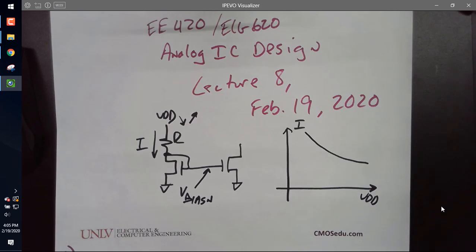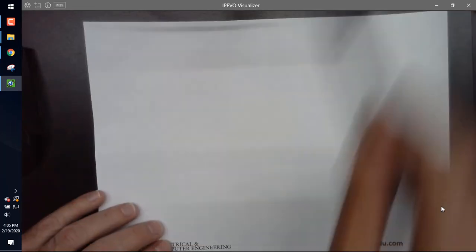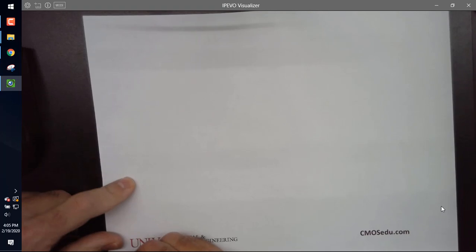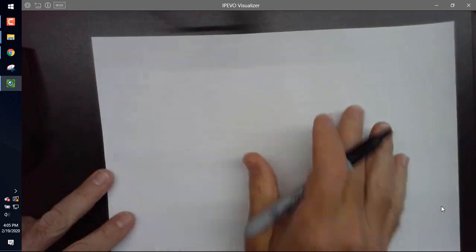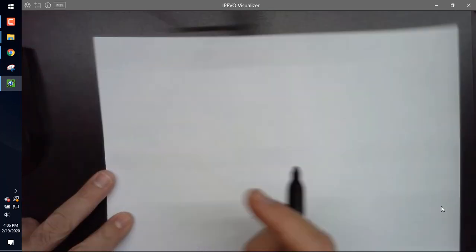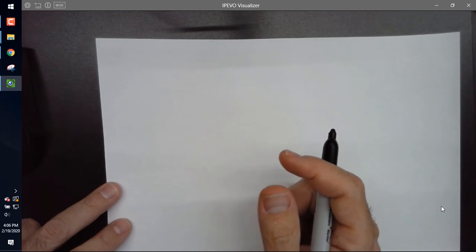Before I go any further, I'm going to pause and show you a circuit that's useful in driving a monitor, like a digital display such as HDMI or DVI. It's built with current mirrors.